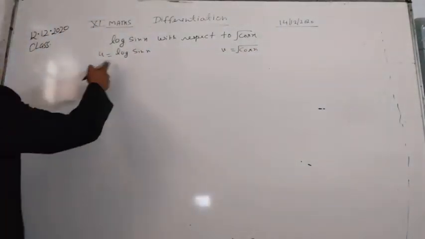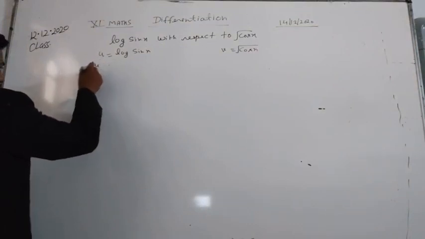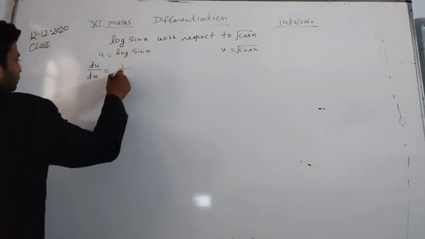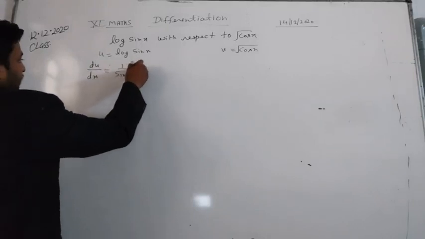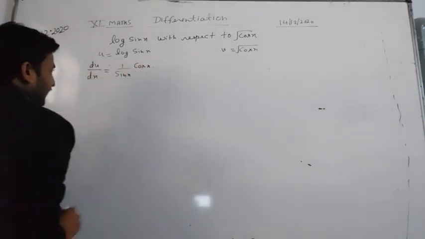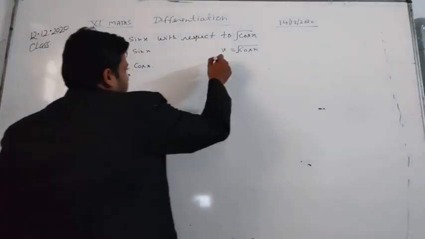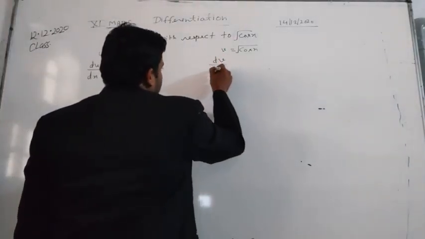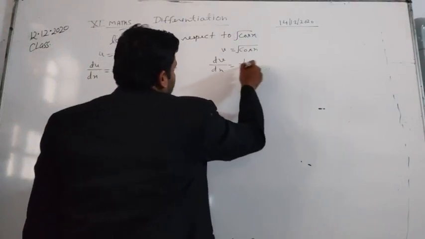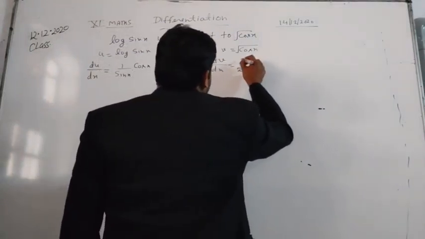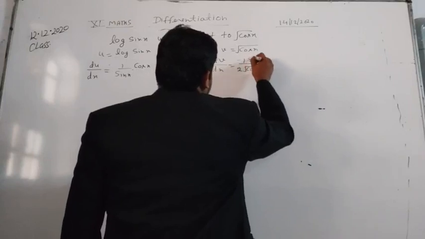Now we will differentiate both. du by dx is what? 1 by sin x into cos x. Now differentiate this. dv by dx is 1 by 2 root cos x, and the differentiation of cos x is minus sin x. Okay.